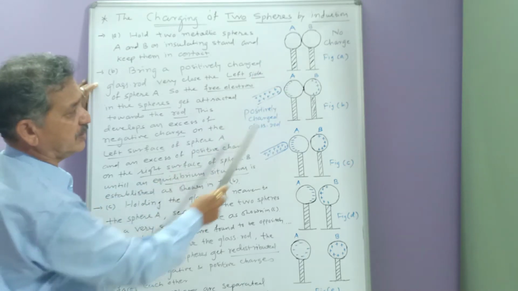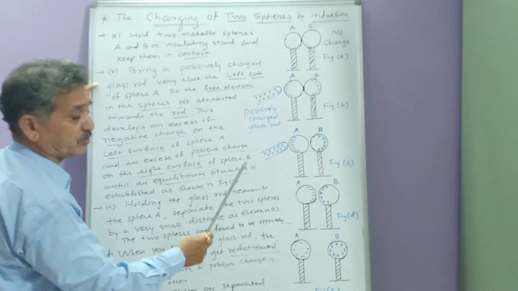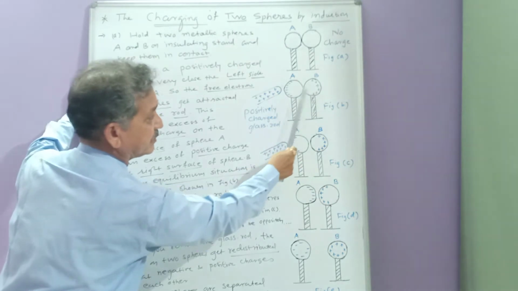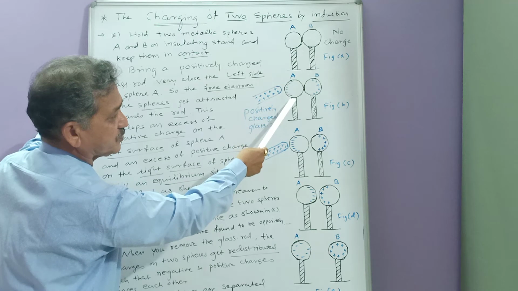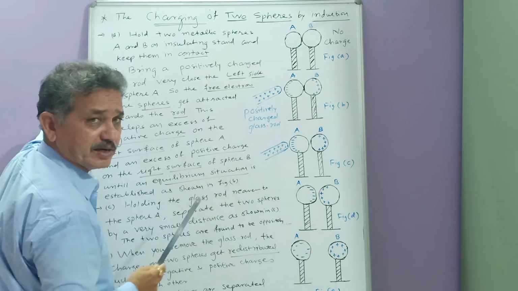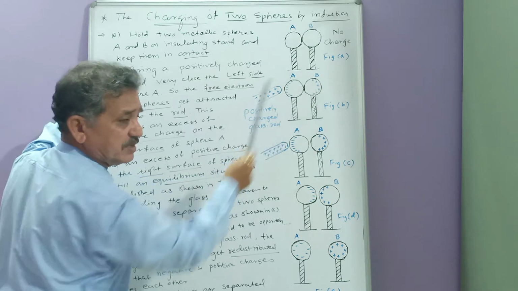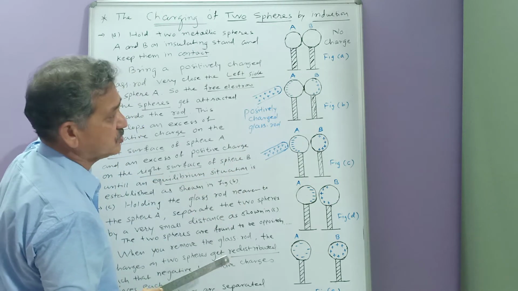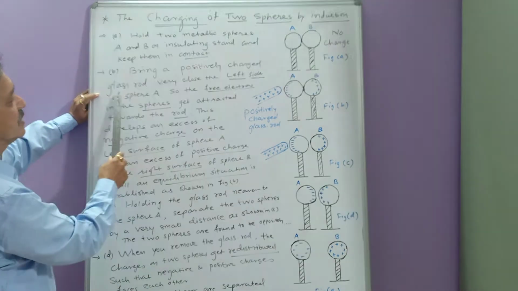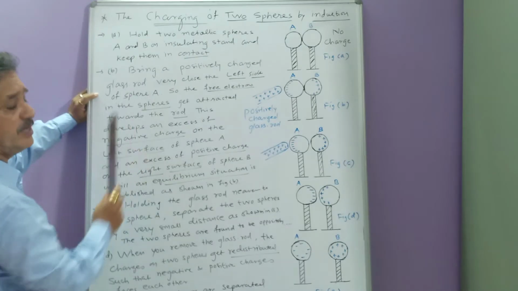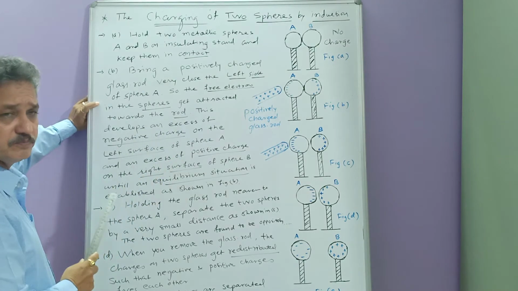Then what will happen here? As you know, metallic spheres have free electrons. Electrons get attracted towards this rod, because of which on the left surface of sphere A, a sufficient amount of negative charge will come, and on the right surface of sphere B, due to deficiency of electrons, positive charge will be induced. We bring a positively charged glass rod very close to the left side of sphere A. So the free electrons in the spheres get attracted towards the rod.